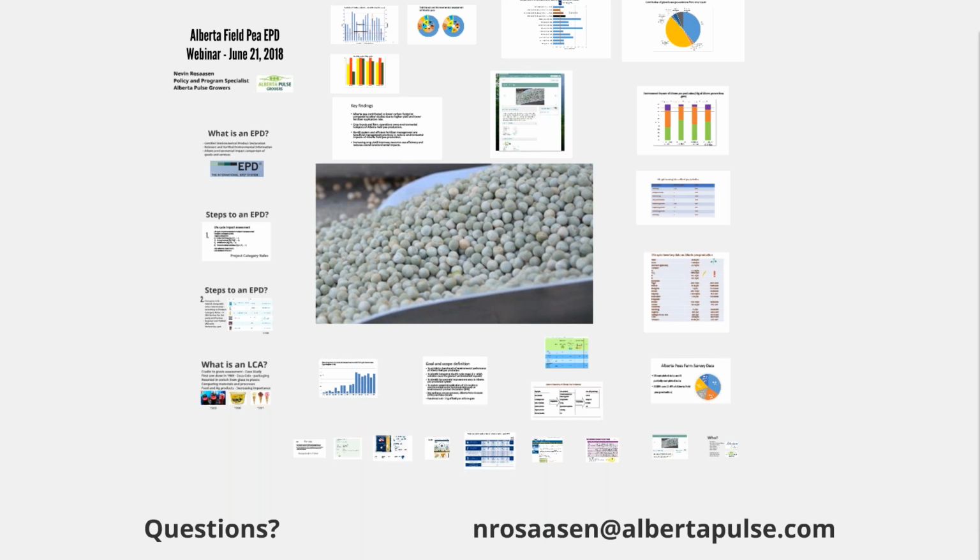It needs to be all encompassing, with all the questions needed to complete the LCA, but also the product category rules. It really needs to be well thought out, and it's not a short process either. This was initiated back in 2015, and it took almost 3 full years to achieve that EPD in February of this year.